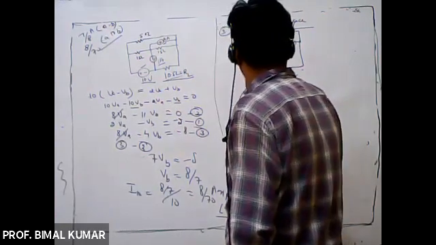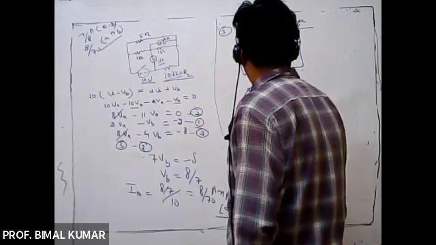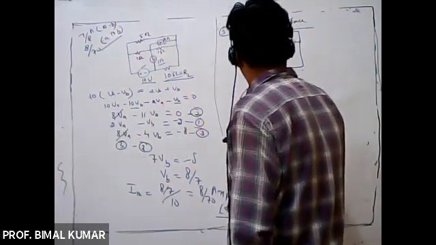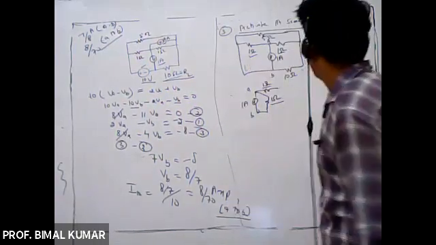And second terminal is connected with B. This is this 1 ohm and this is your this 1 ohm, right?